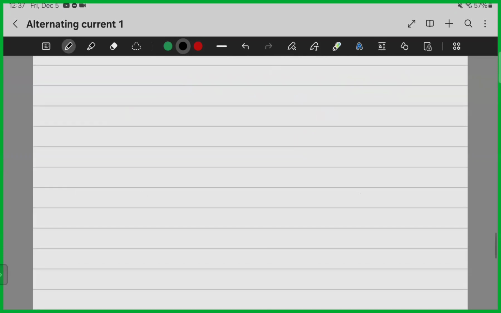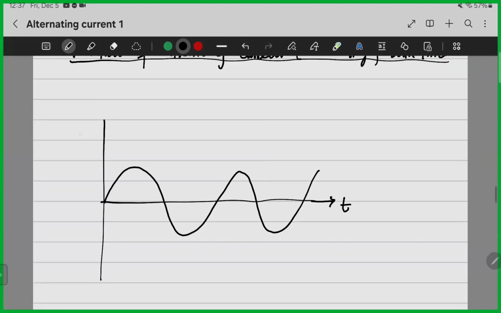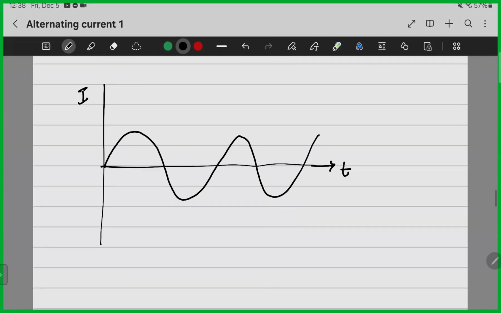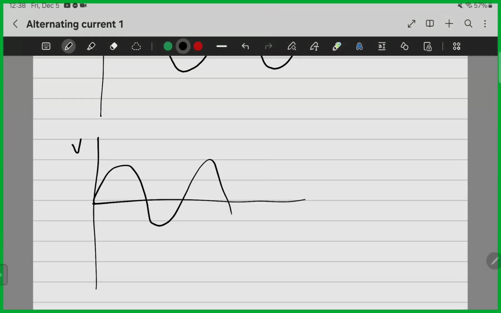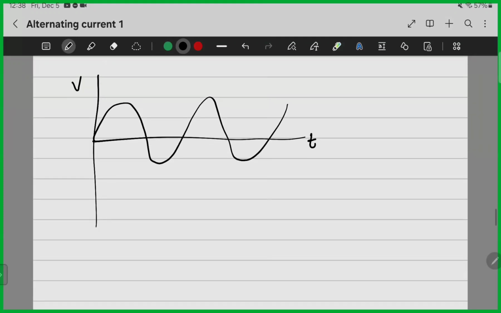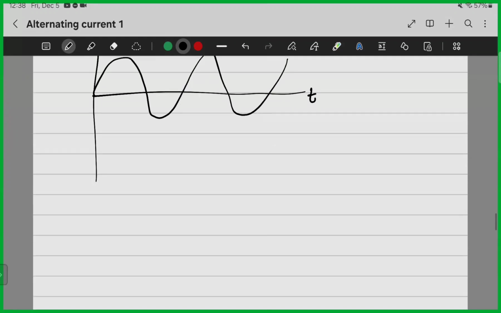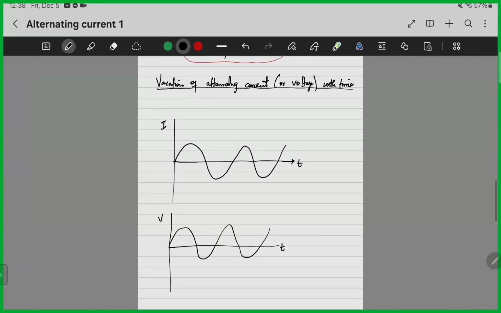So the idea is you have time, you have current. The same thing applies to voltage. You have voltage, you have time. So that is how the graph looks like.